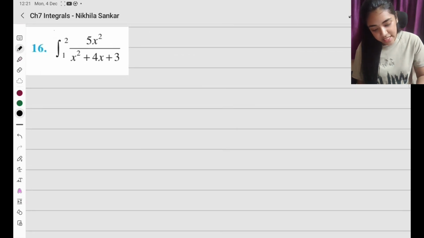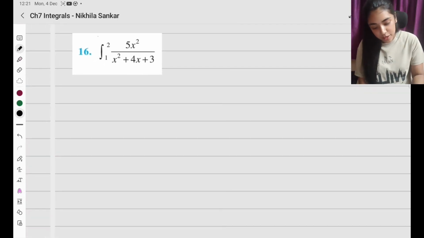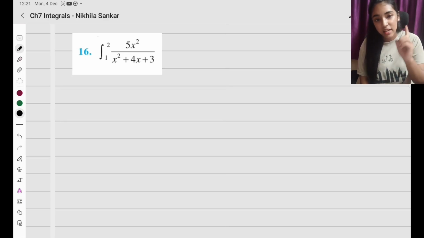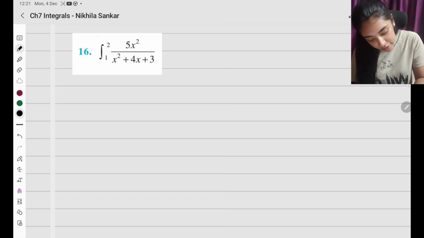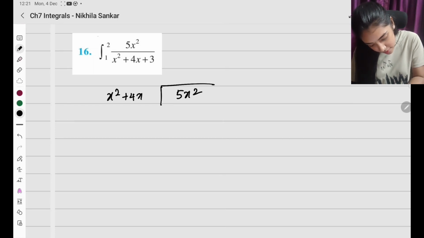Question number 16. So in this place we solved using partial fractions. But you also have to notice that the power of x in the numerator and the power of x in the denominator are equal. So first you need to divide. So what happens when we divide? I have 5x square divided by x square plus 4x plus 3. I need to multiply by 5.